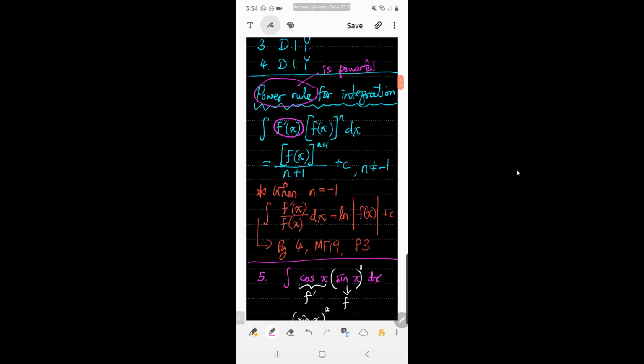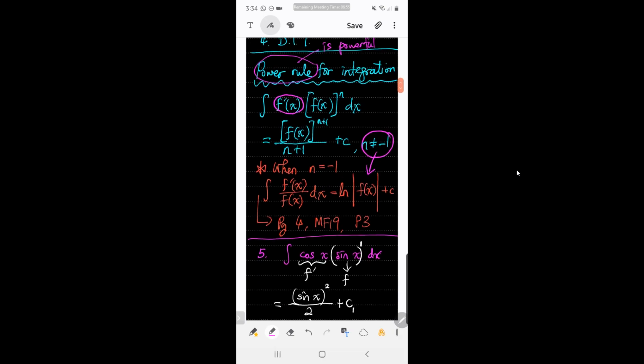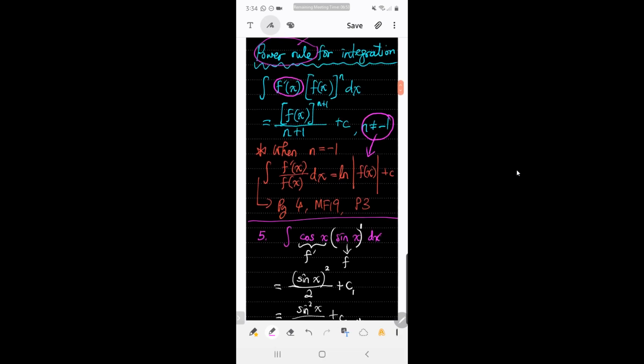Then you can use the power rule, f(x) to the power of n + 1 divided by n + 1 plus c, provided your n is not equal to -1. Because when your n is equal to -1, you have to use the P3 formula, page 4 of MF19. The integral of f prime divided by f will give you ln|f(x)|.